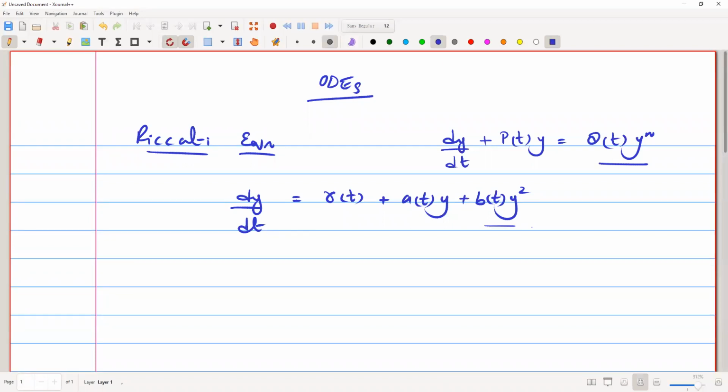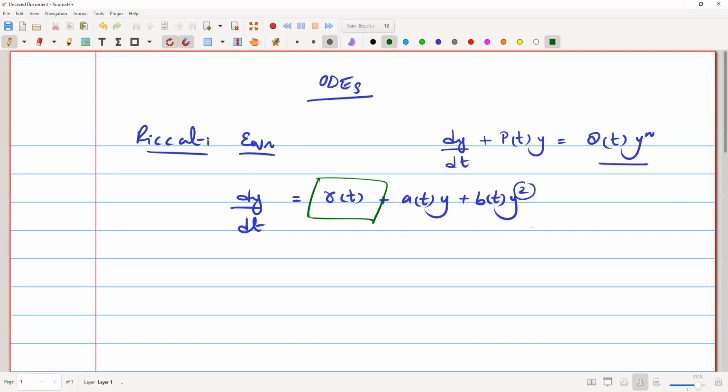So the function should be of y squared and y particularly in the case of Riccati's equation. It could not be any n here. It should be y squared only. And then we have one thing that is not present in the case of Bernoulli, this function of t, that is r of t, right?